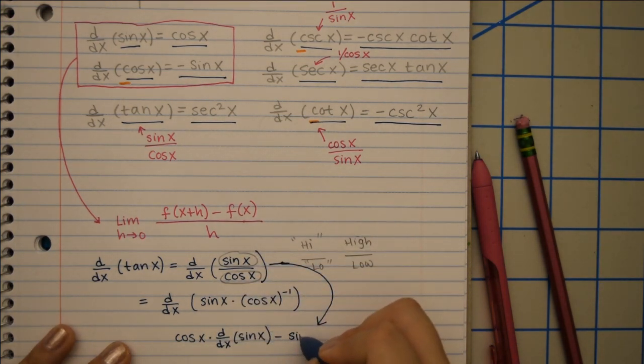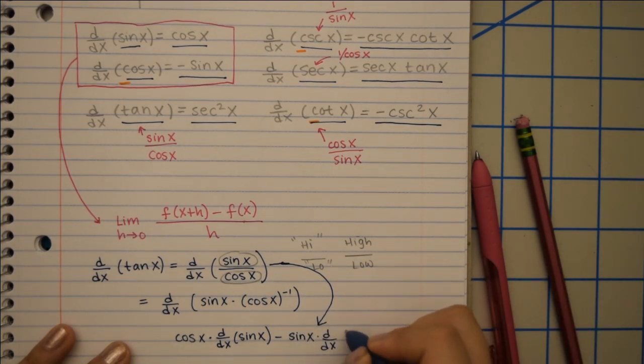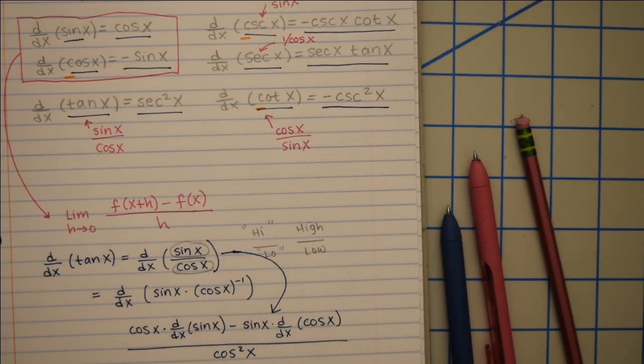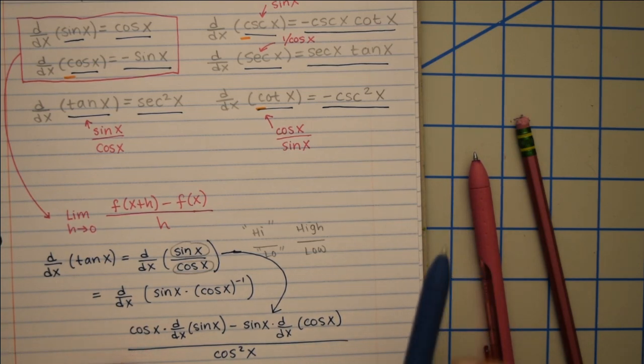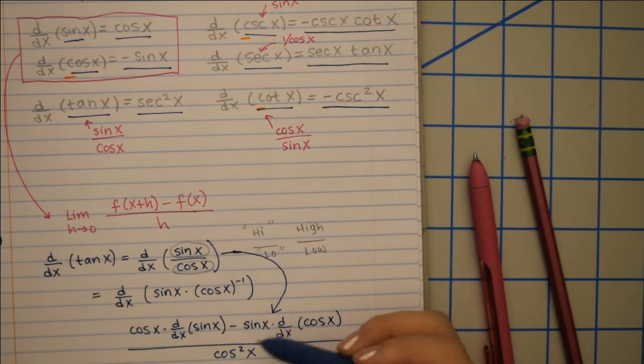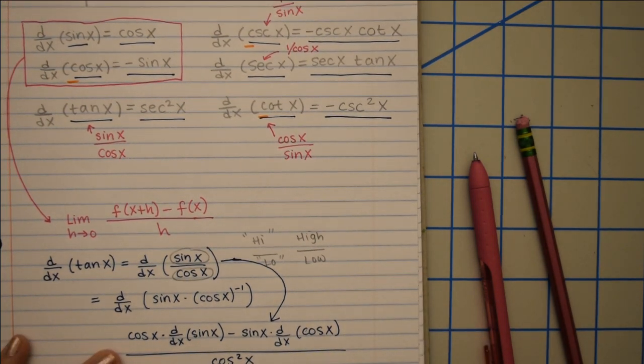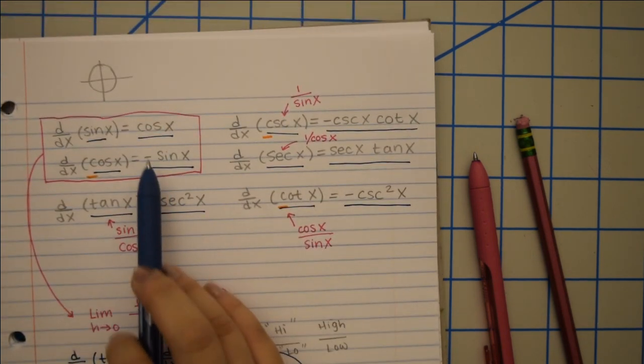So I'll keep the top, high, d low, meaning the derivative of the thing on the bottom, all over low low, meaning bottom squared, so cosine squared x. Okay? So basically, we're just using our quotient rule. So now we just need to plug in what the derivatives of sine and cosine are from the ones that we memorized, just these two.